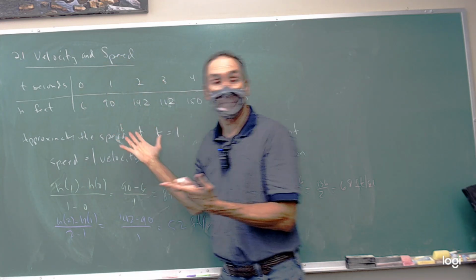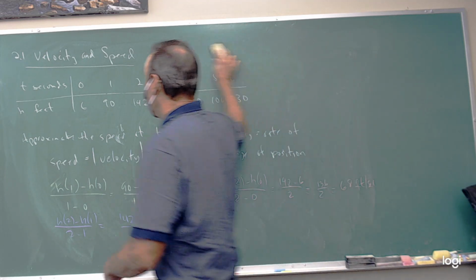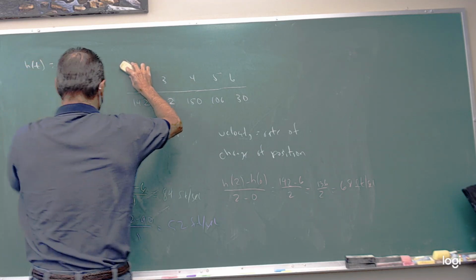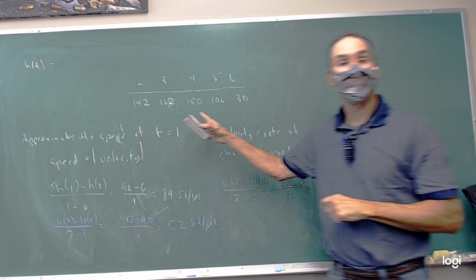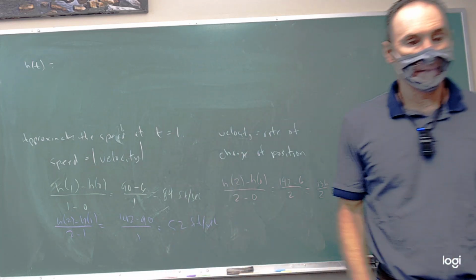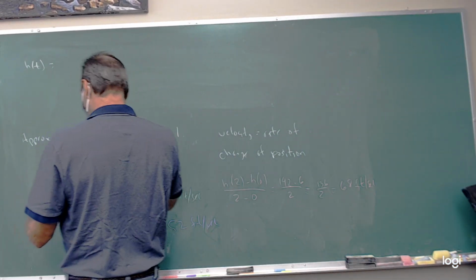But I can't do that with a table. So I'm going to help you out here. I'm going to give you an equation for this h of t. So either we need more data points to get a better approximation, or we need an equation. And I mean, I could easily make up more data points.